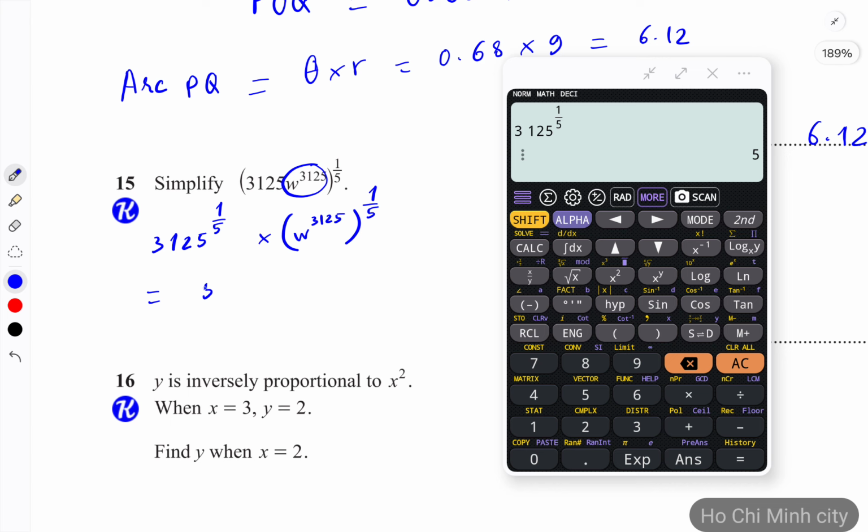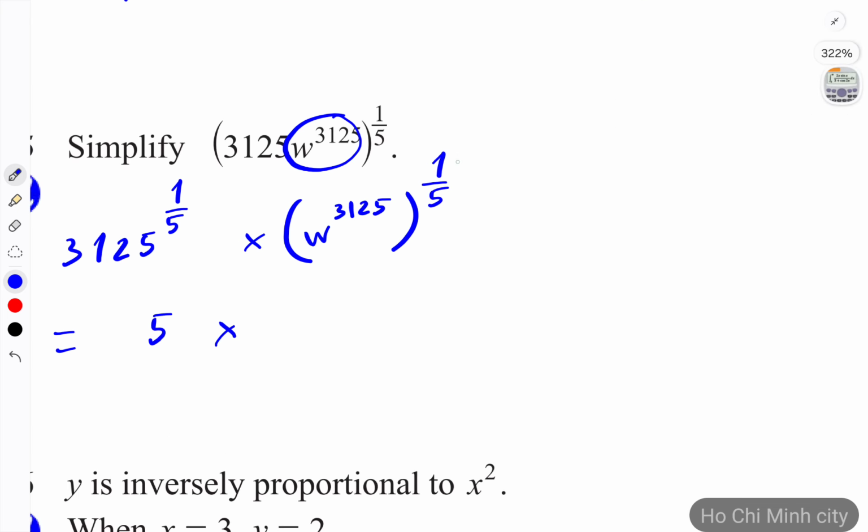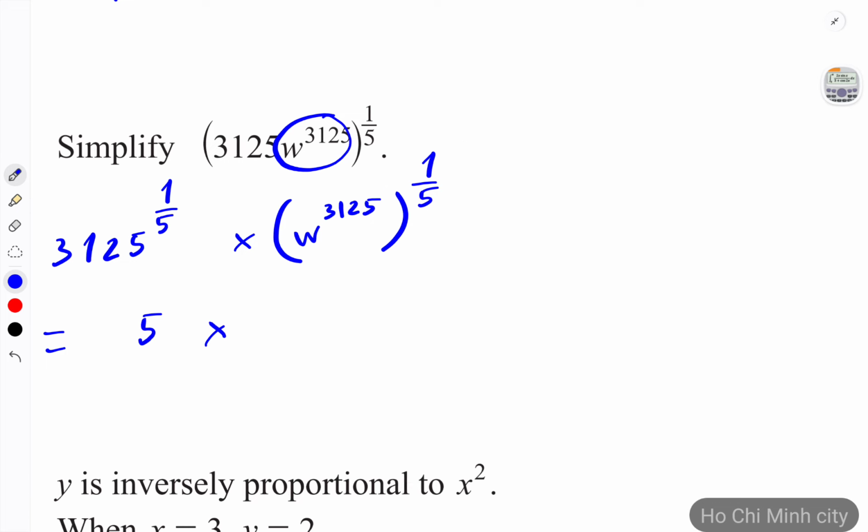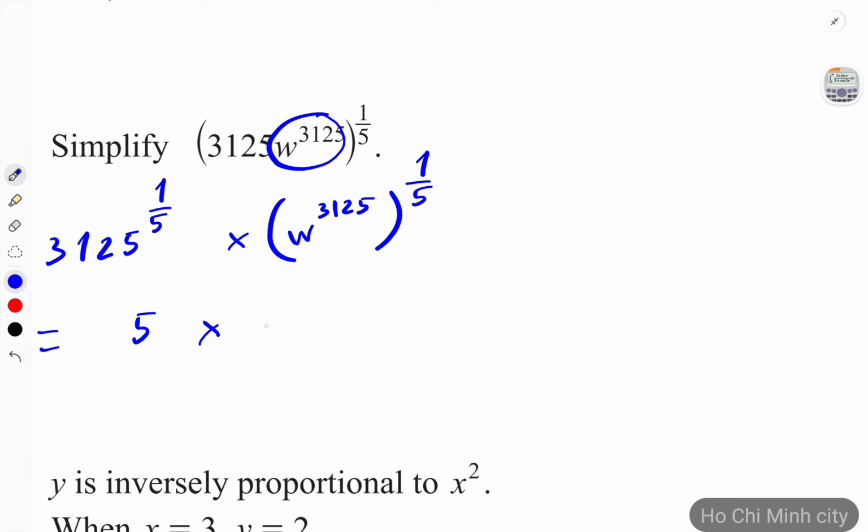And we have number 5 times, because this one is a power of another power, then we can simplify it in a way like we take the product of two powers. So 3,125 times 1 over 5.